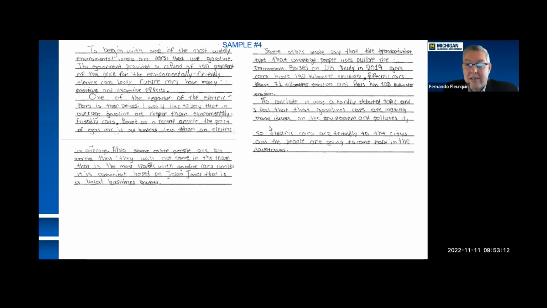Based on UK study in 2019, gas cars have 190 kilometer emissions, electric cars have 71 kilometer emissions, and bus has 105 kilometer emission. To conclude, it was a hotly debated topic, and I feel that gasoline cars are making many issues on the environment and pollutes it, so electric cars are friendly to the cities, and the people are going to come back in the downtowns.